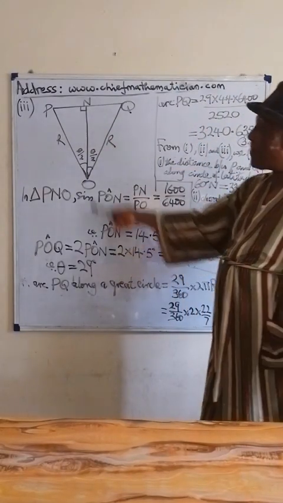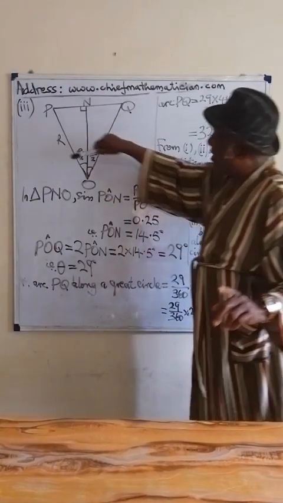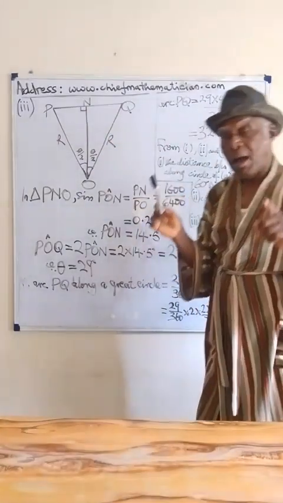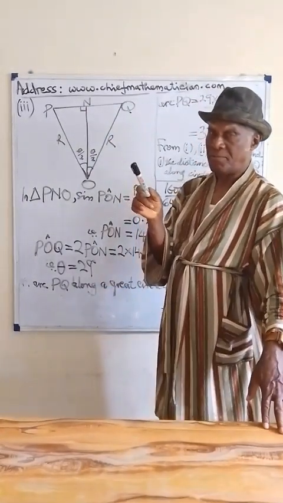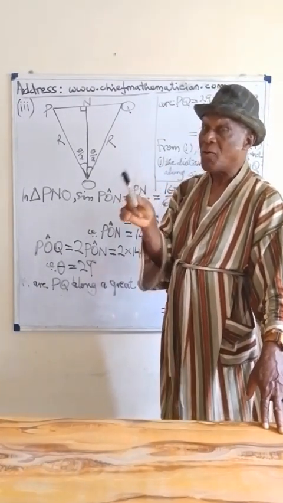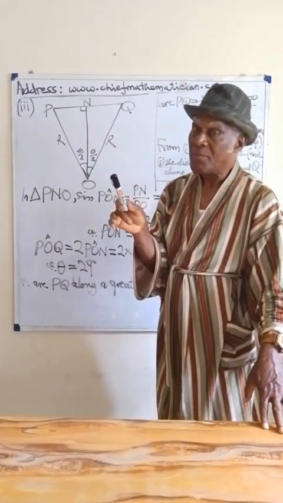Now that we have got the value of that angle, POQ, we can now get the length of the arc that joins PQ along a great circle. Along a great circle, not along the circle of latitude, but along a great circle passing through P and Q. Please take note.